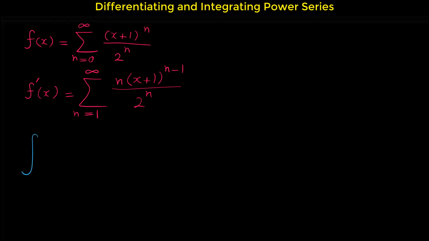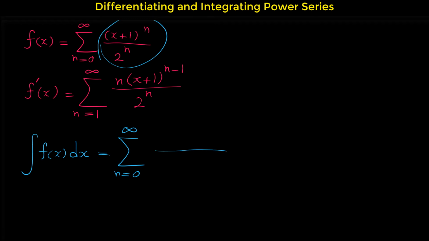And the integral of the function f of x is the sum from n equals 0 to infinity of the integral of this expression. For integrating (x plus 1) to the n over 2 to the n, again note that 2 to the n is a constant. So we write 2 to the n, and we have to just integrate (x plus 1) to the n.